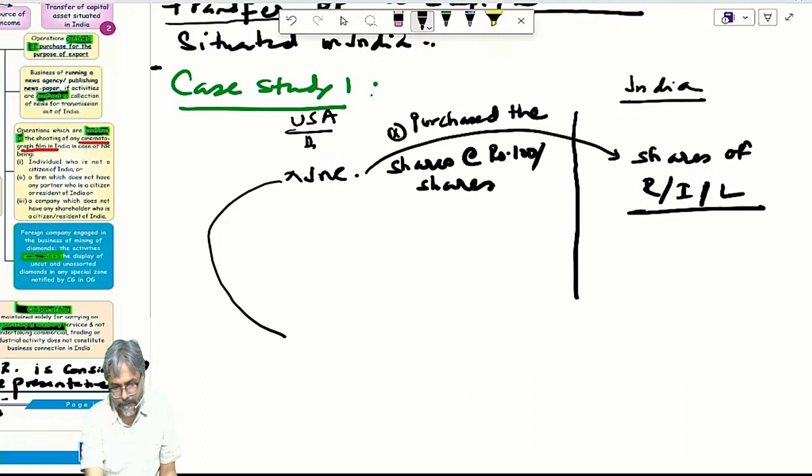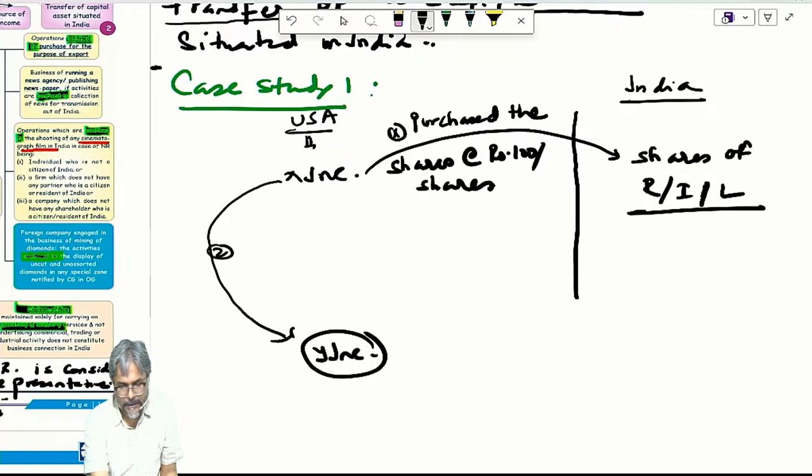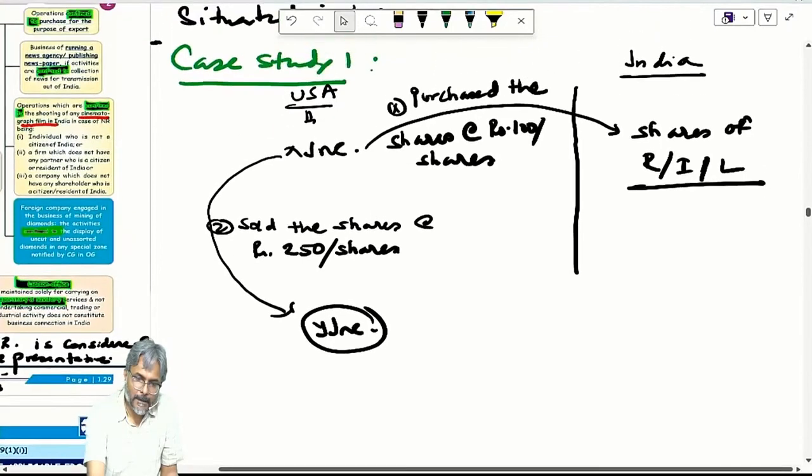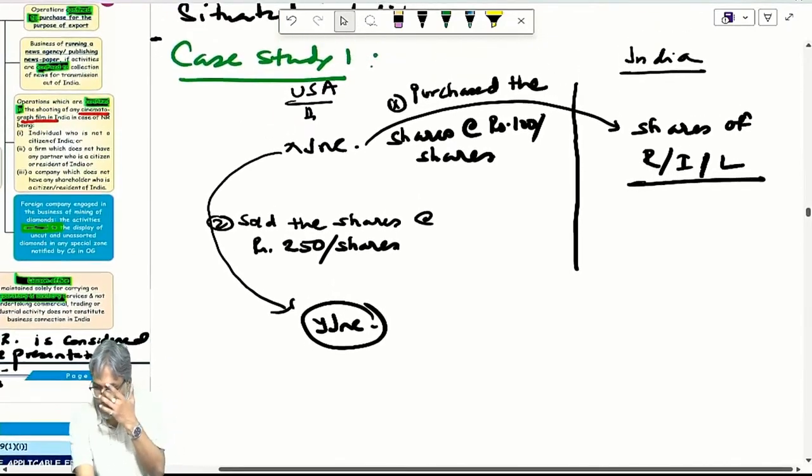Thereafter, students, what have they done? Second point, sold the share. They sold the share at rupees 250 per share. So the question over here is what?